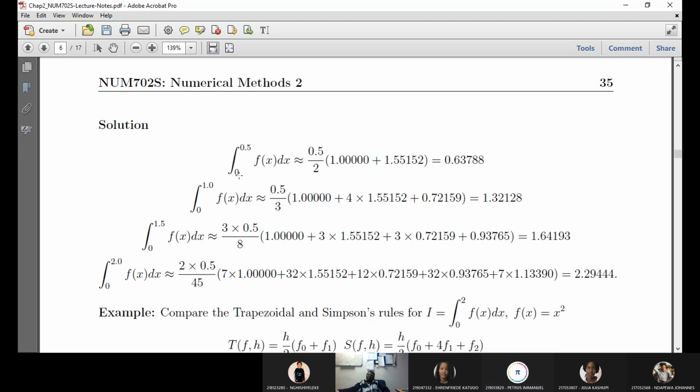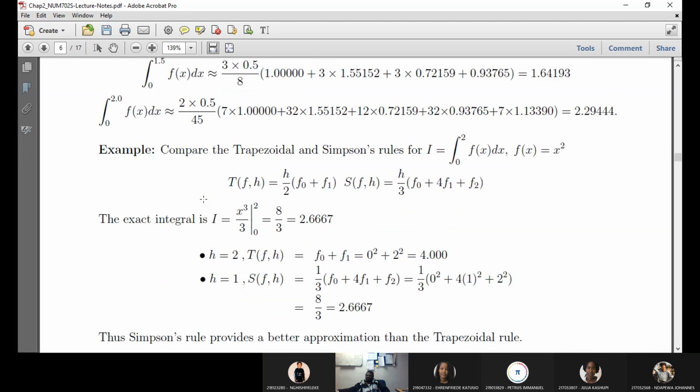You have the first sub-interval from 0 to 0.5, and then from 0.5 to 1. So there are 2 sub-intervals. So you take 2 steps from 0 to 2, meaning that the length of one step will be 1. So H is 1.